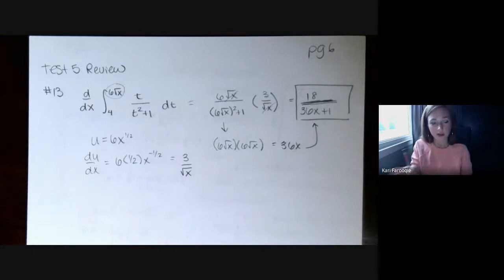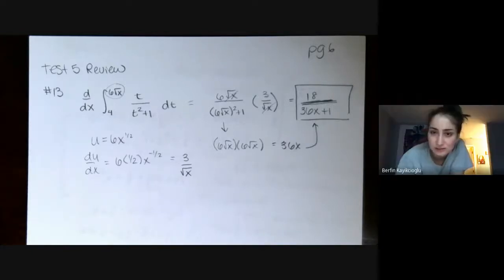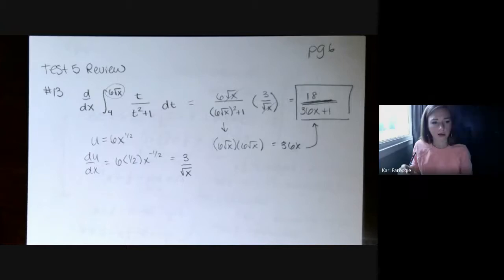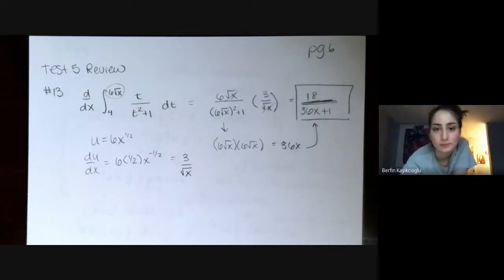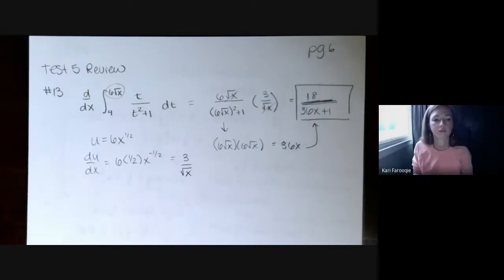Yours will be like, I don't know, 16, I think. Yeah, you had 4 root x. So if you have 4 root x times 4 root x, yeah, you'll have 16x. And your numerator will be different too. Thank you. 8. Yep. You're welcome. 8 and 16, and don't cancel between the 8 and the 16.